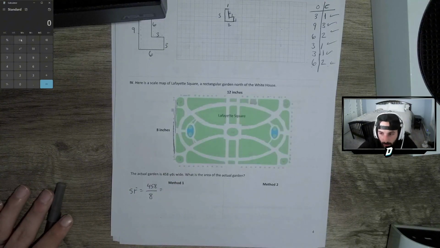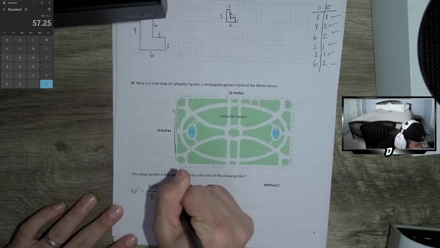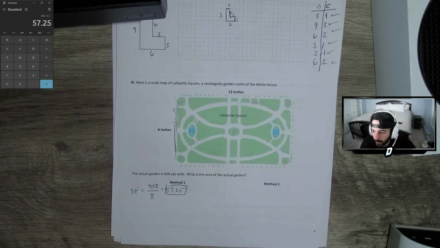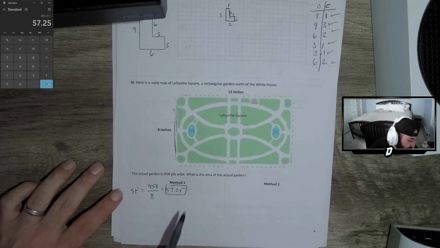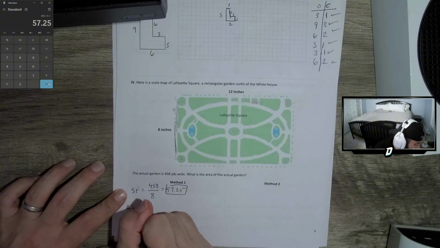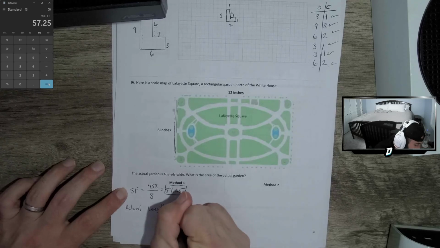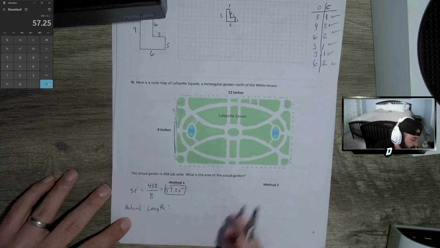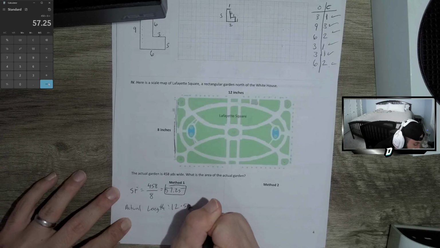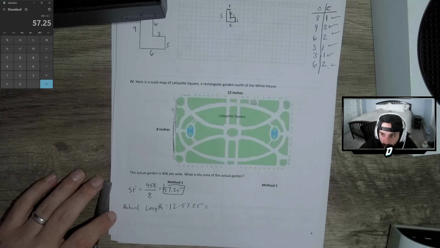If I do 458 divided by 8, I end up getting 57 and 25 hundredths as my scale factor. And if I want to go from my length to my actual length, my actual length is going to be 12 times my scale factor. I can do 57 and 25 hundredths, it's already there.